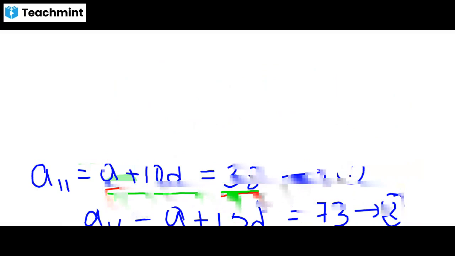Okay. Then next we'll see the 8th problem. What is the 8th question we have? See the textbook, all of you. An AP consists of 50 terms, out of which the third term is 12 and the last term is 106.